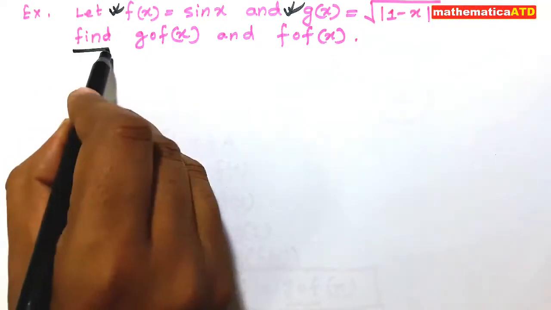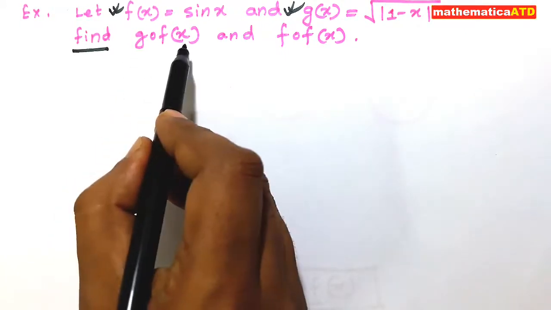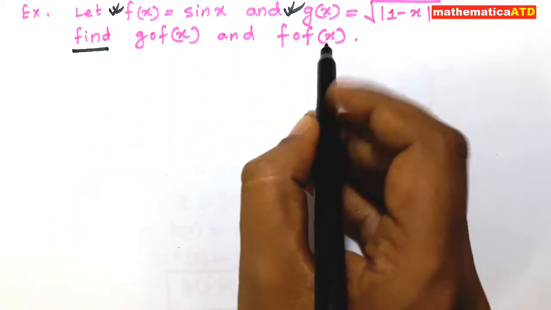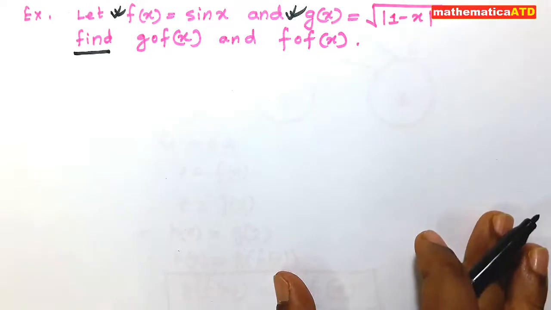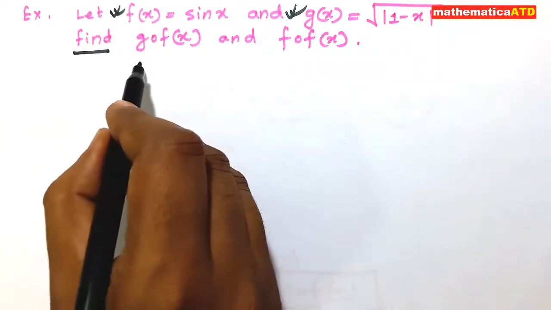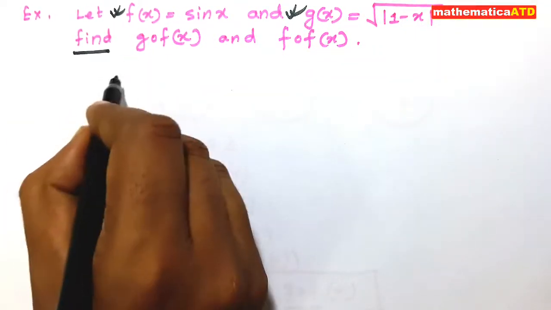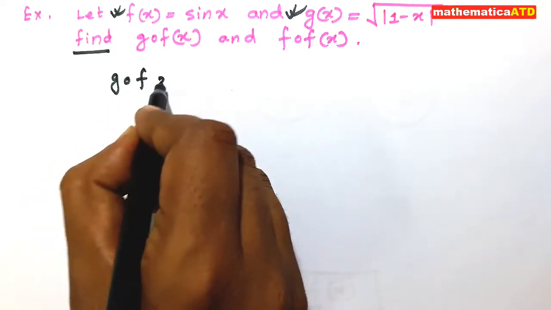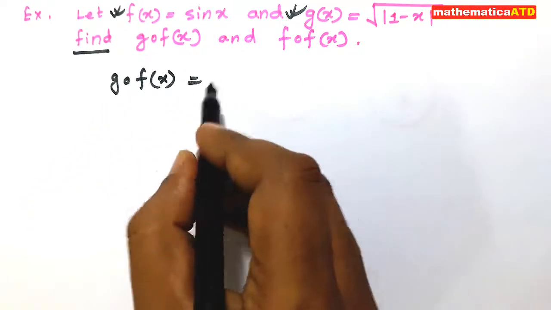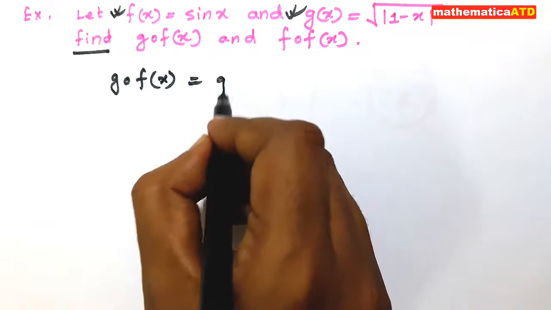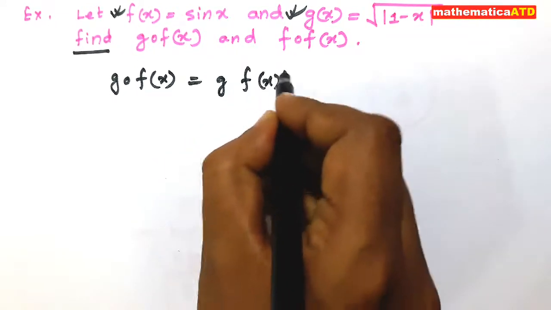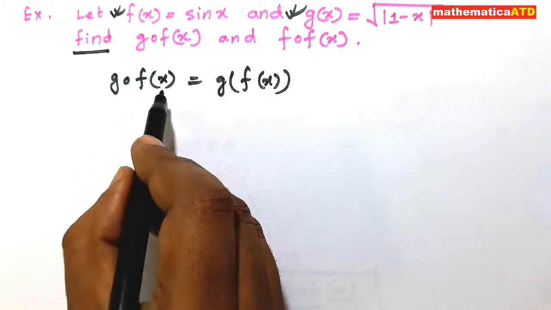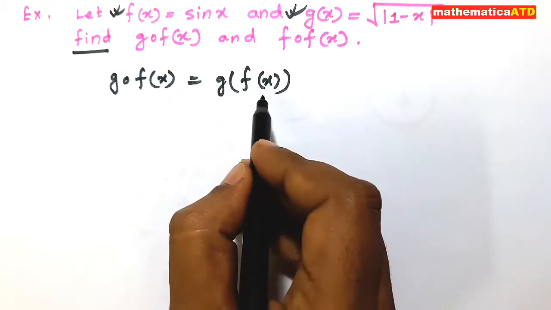You have to find out g composed f of x and f composed f of x. So first of all we take g composed f of x. g composed f of x is equal to, according to the rule, g of f of x.